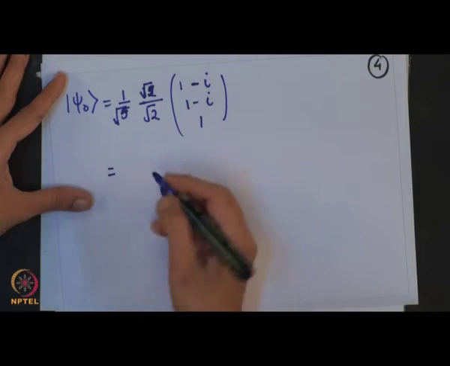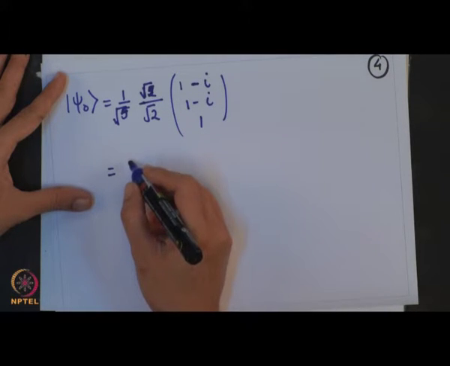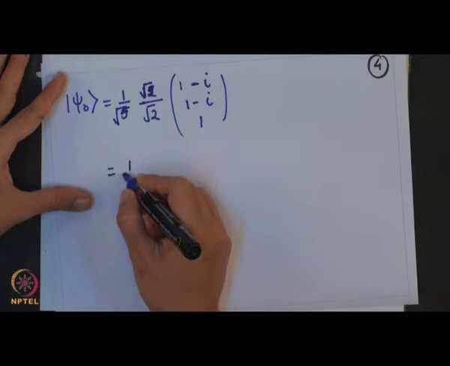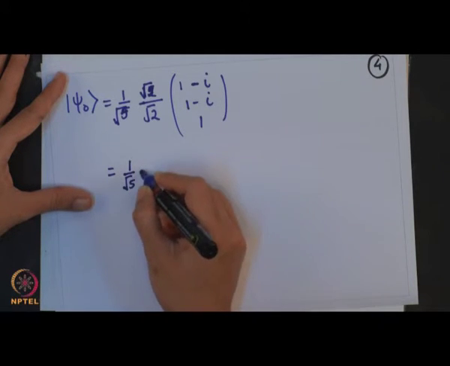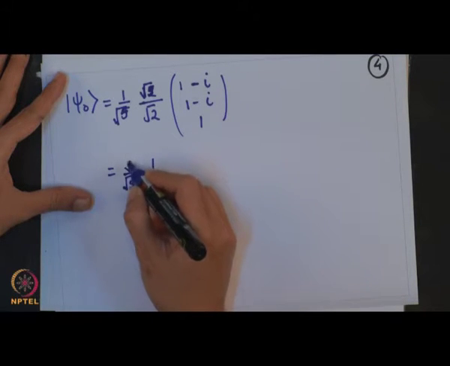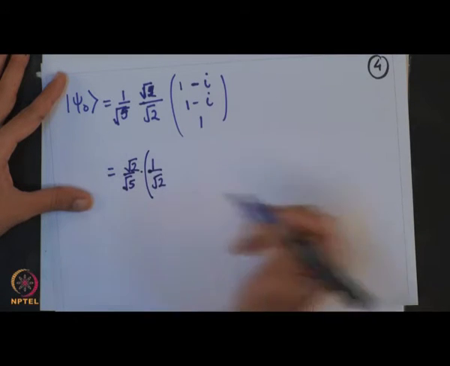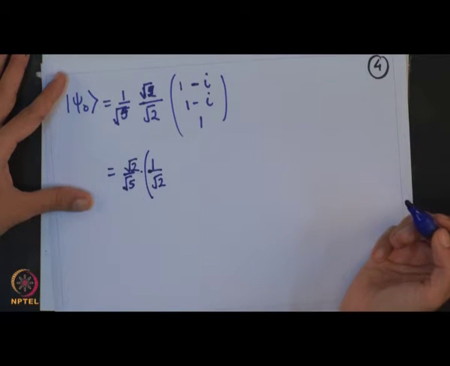Okay. So, this can be rewritten. I can rewrite this as 1 by root 5 into root 2. Okay.